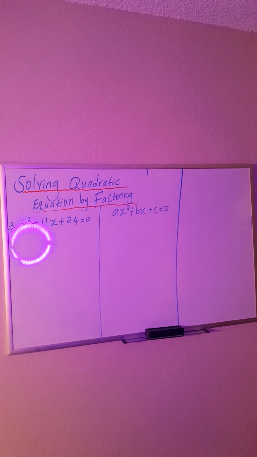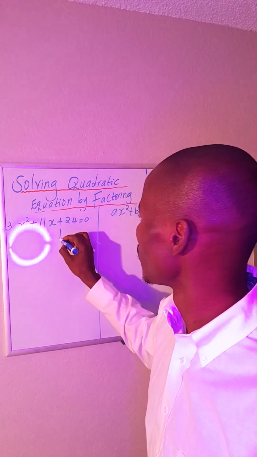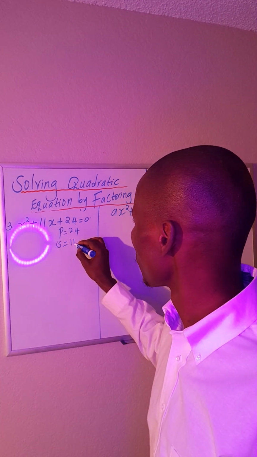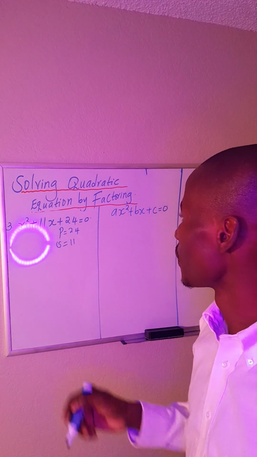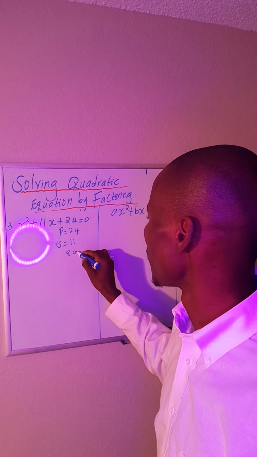Now, for this type of question, it has all three parts of a quadratic equation, a, b, and c. The coefficient of x squared is 1. So what is the product? Product is equal to 24. Sum is equal to 11. Two numbers that when we add, we get 11, and when we multiply, we get 24, are 8 and 3.